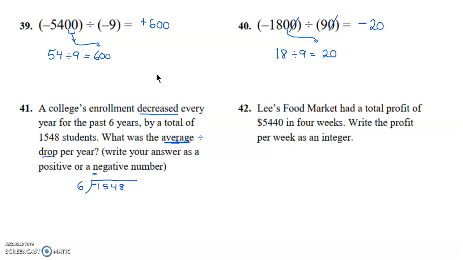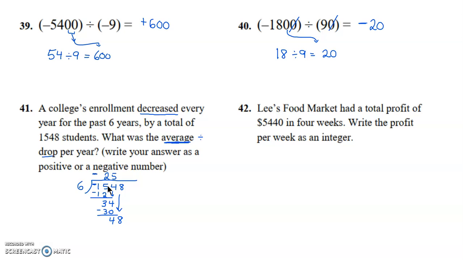So 6 goes into 15 2 times. 2 times 6 is 12. We subtract, we get 3. Bring down our 4. 6 goes into 34 5 times. 5 times 6 is 30. We subtract, we get a 4, and bring down our 8.